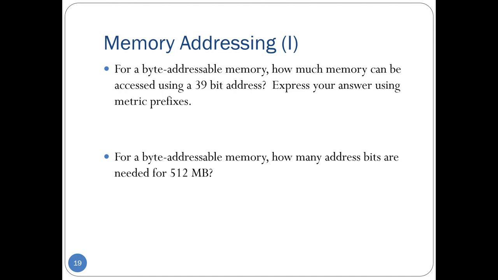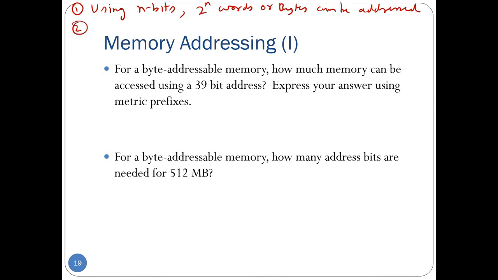Alright, so to solve the problems on memory addressing, you again should remember the two important rules that we talked about in the class. The first is, using n bits, we can address 2 to the power n words or bytes. This is the first rule.